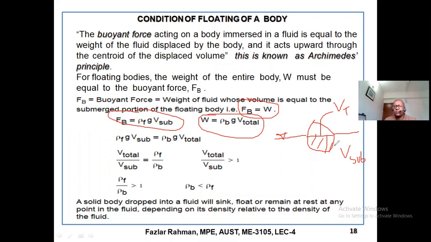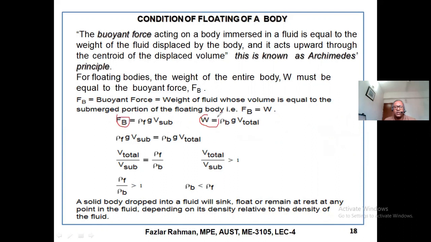So the weight of the body is total volume times density. Then the weight of the displaced fluid is the submerged volume times the density of the fluid. So now you say FB equals W. Now you put it like that, and you will see g and g cancel out. So total volume over submerged volume equals rho F by rho B.